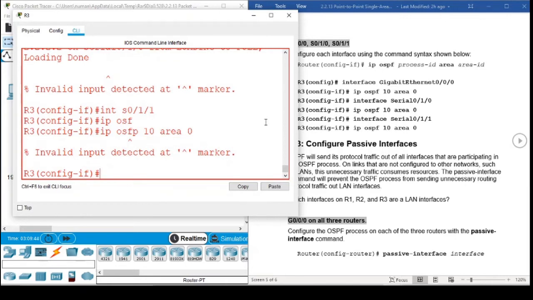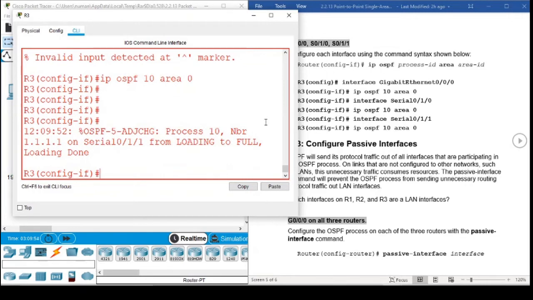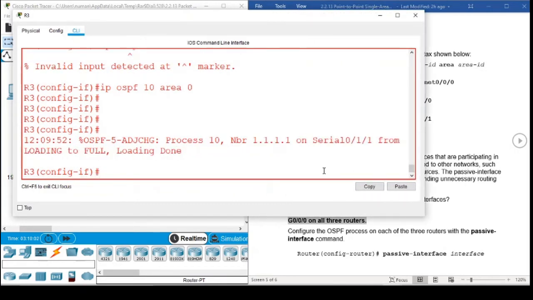So basically we enable OSPF on all three interfaces of router 3. Here also you see the message loading, full adjacencies. So this is the OSPF configuration on all routers.